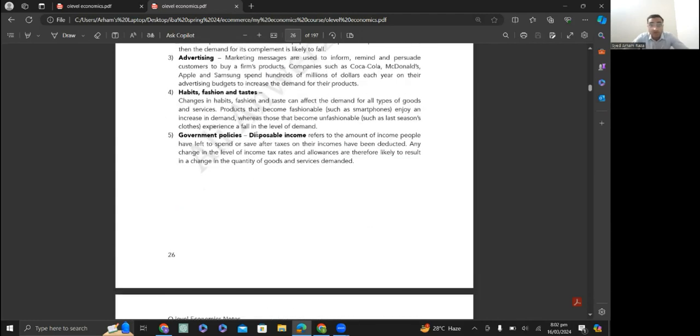Now, government policies and disposable income, which is the income left after the taxes have been paid. So the amount you get as a net is called your disposable income. The higher your disposable income is, the more likely you are to have a more effective demand.